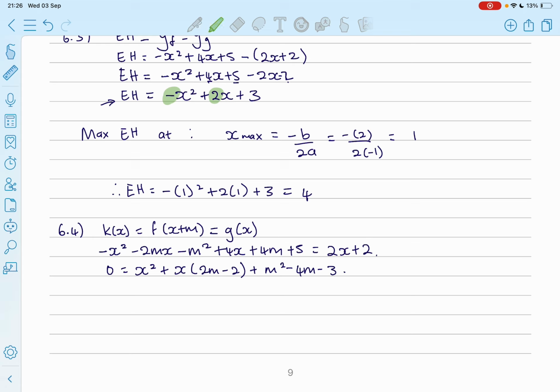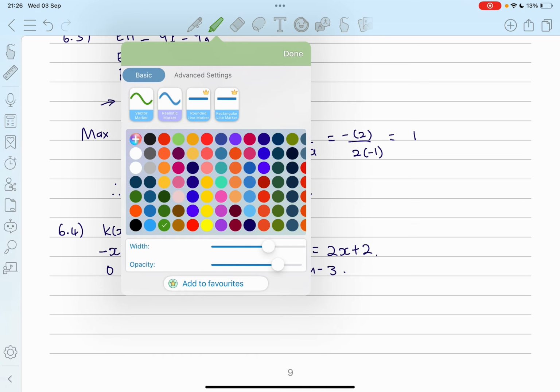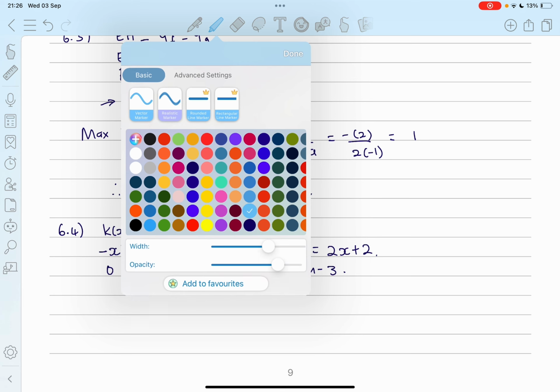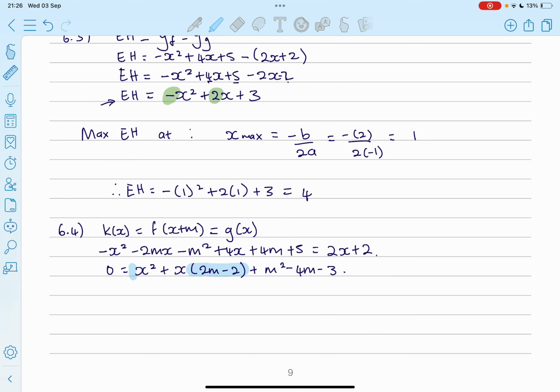So you can think of this as some weird looking trinomial. So this part is the invisible one, that would be the a, and then here is our b term, and then this is the constant, which is the c. So if you look at it from that perspective, we can then use our knowledge of quadratic formulas to try and solve for m using the discriminant, since it looks like a quadratic.